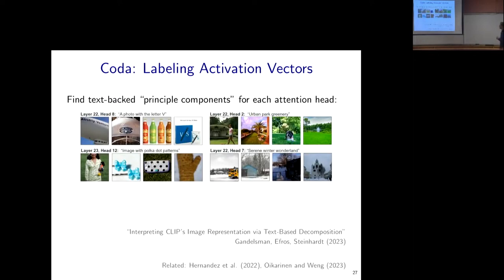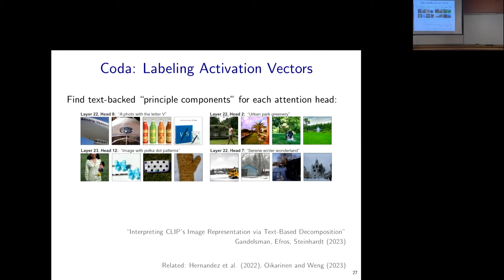Another thing you can do is, instead of just trying to explain behaviors of models, we can try to understand their representations. This is another project I did with Yossi Gandelsman, who is a student of Alyosha Efros. Yossi, Alyosha and I collaborated on this.